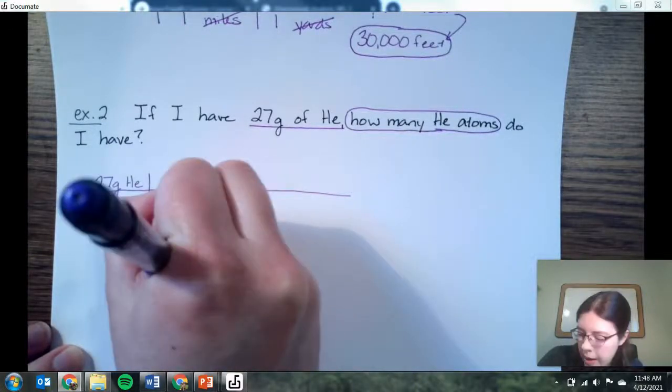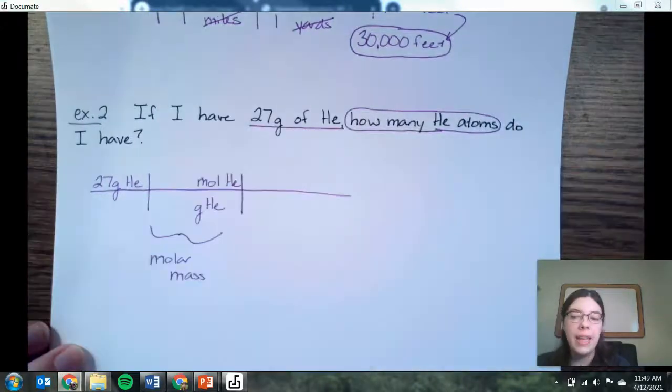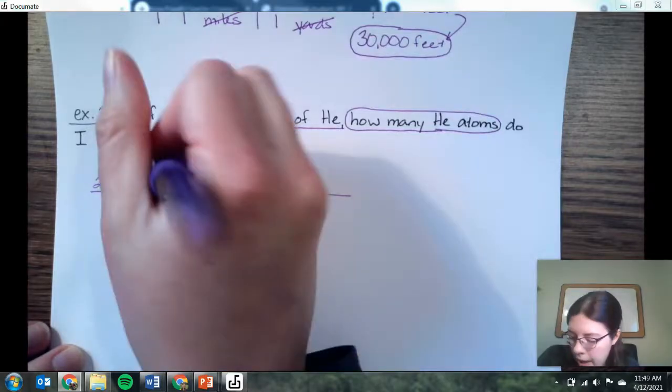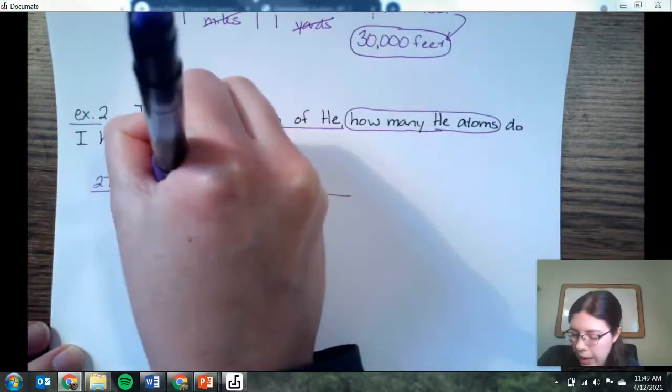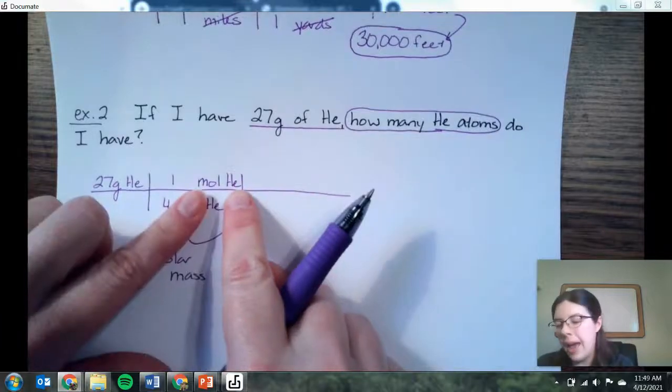Now, since it's just a single element here, helium, it's really simple. I just look on my periodic table, I look up its mass, and I see that for helium, every 1 mole weighs 4.00 grams. So now I have moles, but I want to get to the number of atoms.